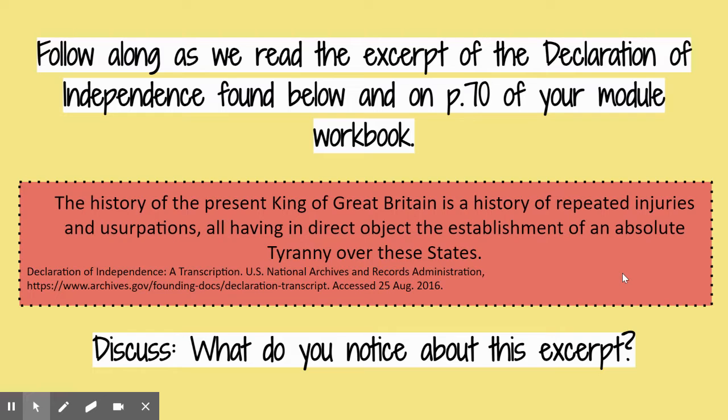So this says the history of the present King of Great Britain is a history of repeated injuries and usurpations, all having in direct object the establishment of an absolute tyranny over these states. So, in class, we're going to discuss what we notice about this excerpt. If you missed it, you're going to maybe want to talk to your grown-ups about it. But what does that mean?